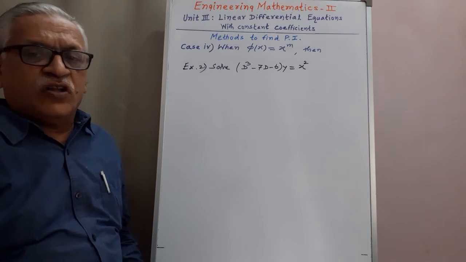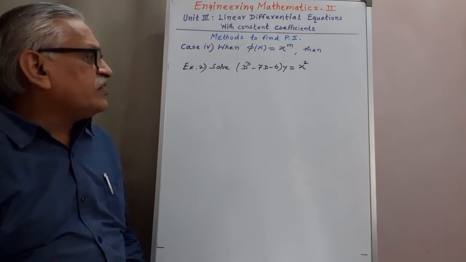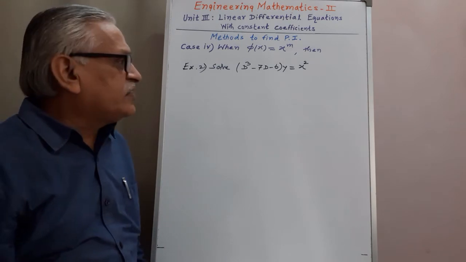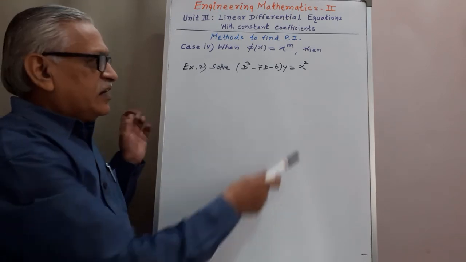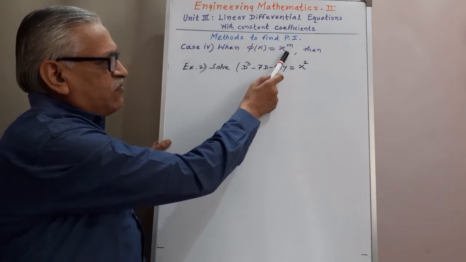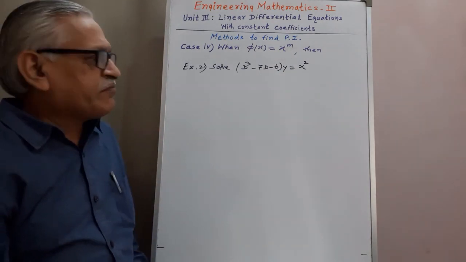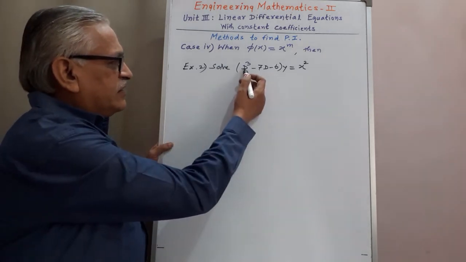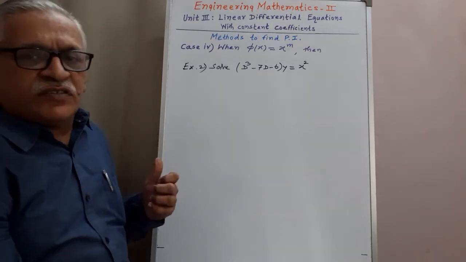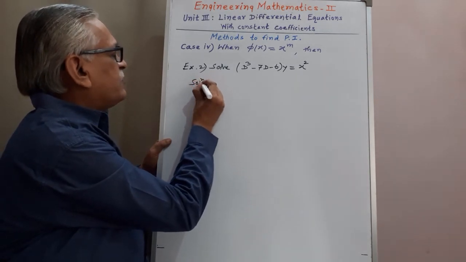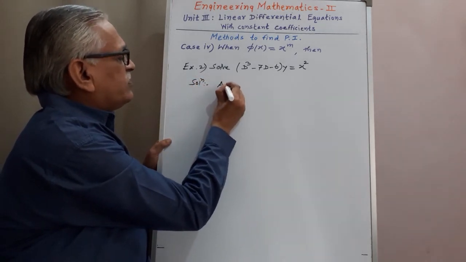Second example, solve the differential equation D cube minus 7D minus 6 into y is equal to x square. The term on the right hand side is in the form of x to m, which is case number 4 for Pi, and the given differential equation is of order 3. Therefore, to find the CF, we write down the auxiliary equation.